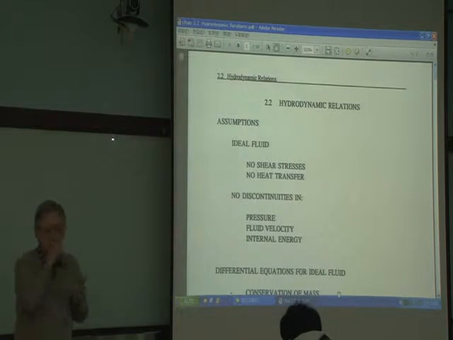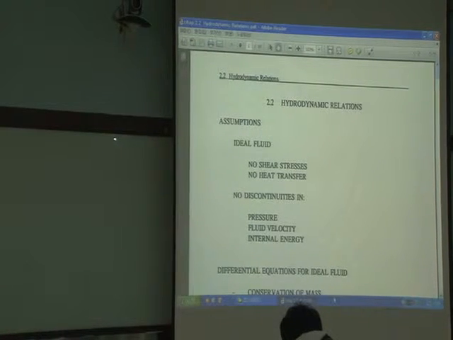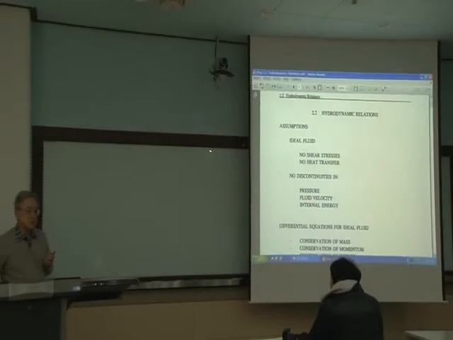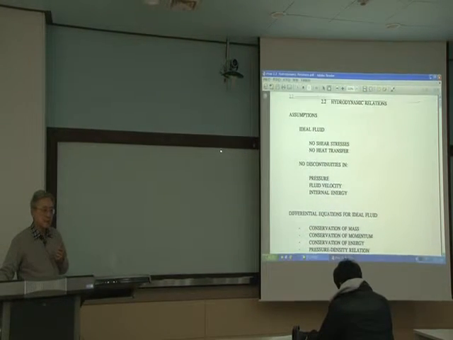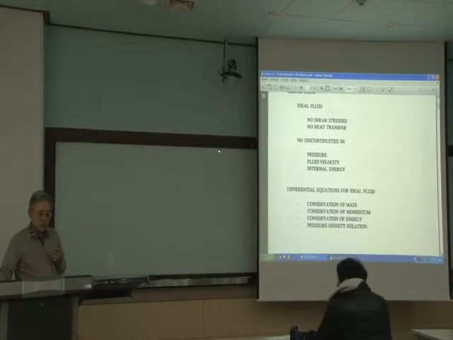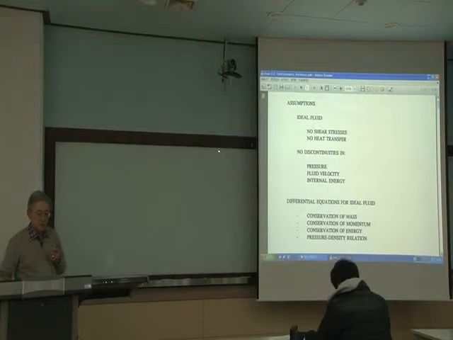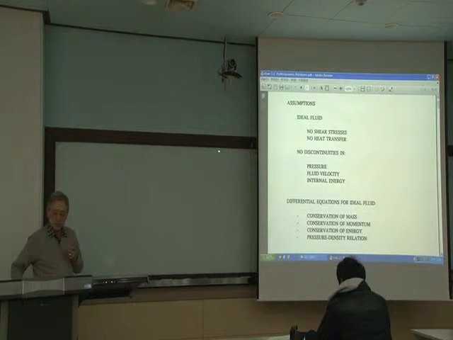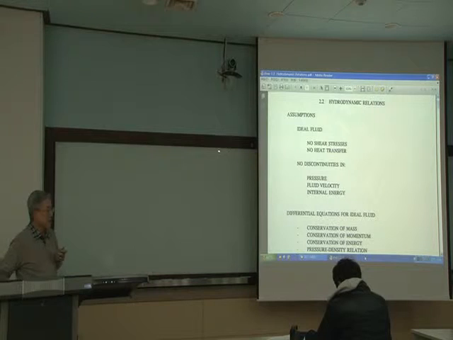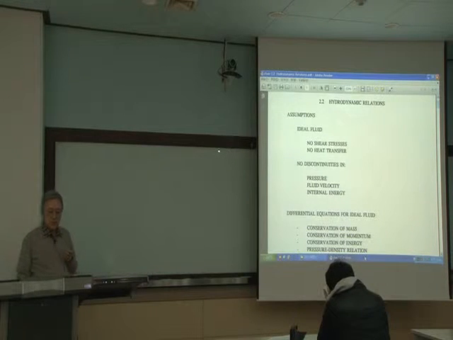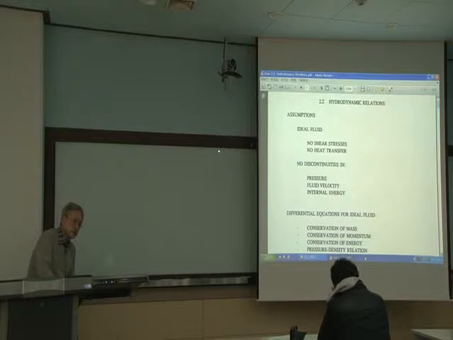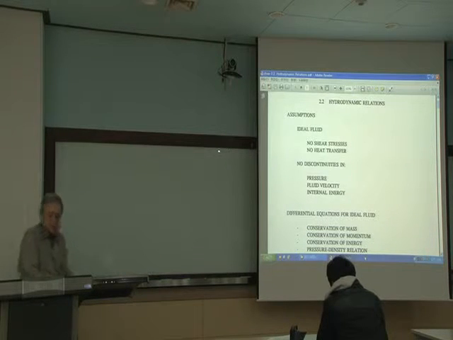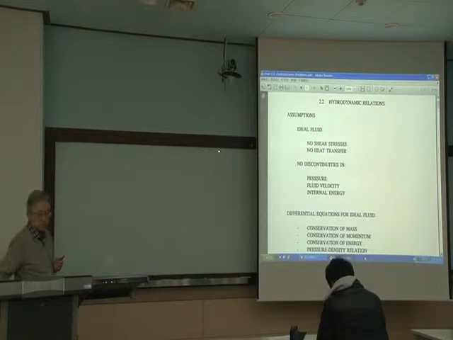So here, hydrodynamic relations, I'm going to go through quickly, but I want you to recollect your thoughts. It should be easy, but still you have to pay attention. The basic assumption here is an ideal fluid, and ideal fluid really means no shear stresses, no heat transfer, no discontinuities in pressure, fluid velocity, or internal energy, okay?